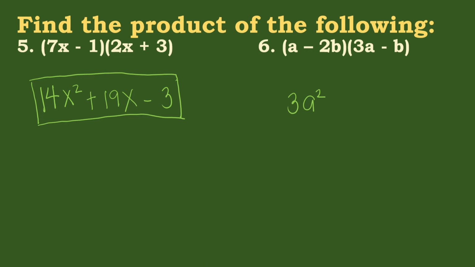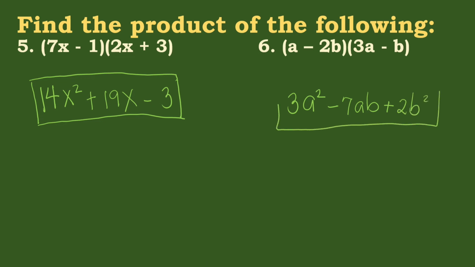Now, the outer, a times negative b, so that's negative ab. The inner is negative 2b times 3a, so that is negative 6ab. So negative ab and negative 6ab would give us negative 7ab. And then finally, the last terms, negative 2b times negative b, that would be positive 2b squared.